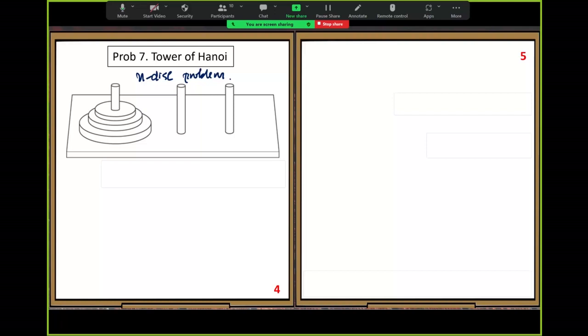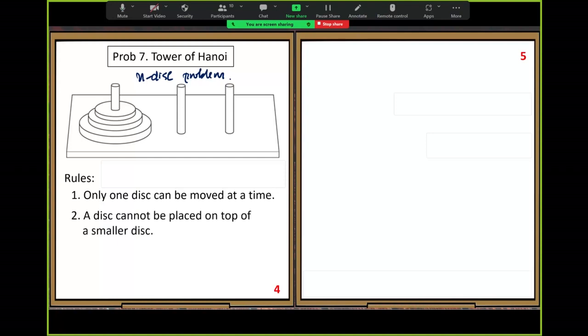So there are 3 rules when you move a disk from one peg to another peg. Number 1, only one disk can be moved at a time. In order to calculate computation efficiency, we want to count the number of disk moves. So each disk move, you can only move one disk from one peg to another peg.